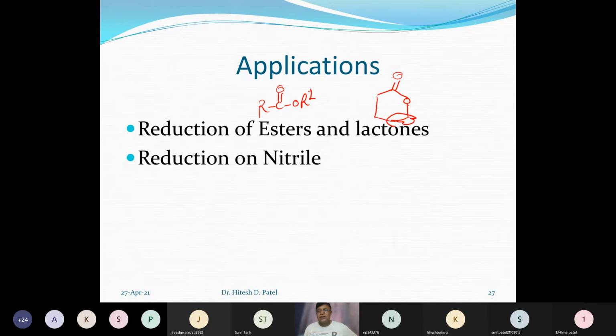If you have a cyclic structure, then it is known as lactone. And nitrile, you are familiar with cyanide, C triple bond N. The C triple bond N is known as nitrile.